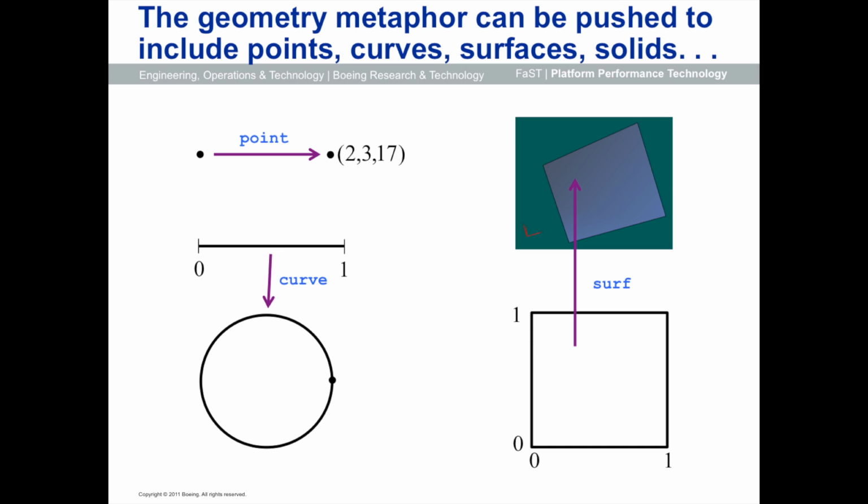And as I mentioned earlier, we can do points as mappings with 0 independent variables, or we can do curves. You can get surfaces with 2 independent variables, volumes with 3 independent variables. With 4 independent variables, you could get a time-dependent volume. That's already a tensor product spline with 4 independent variables.